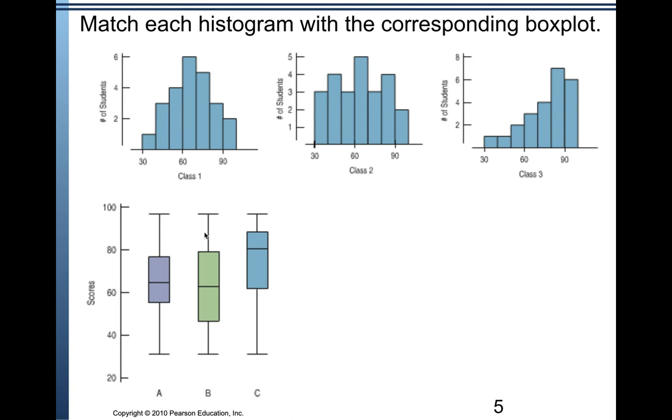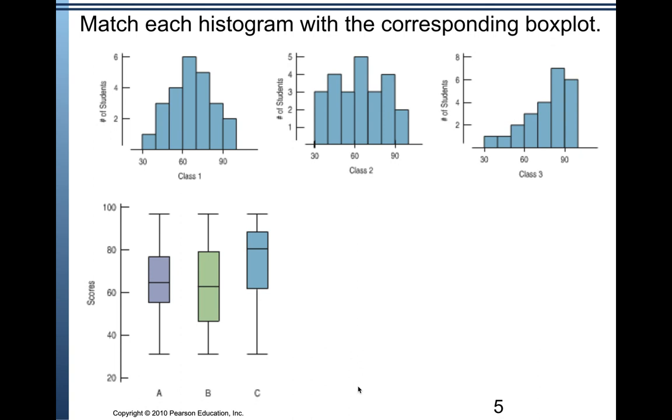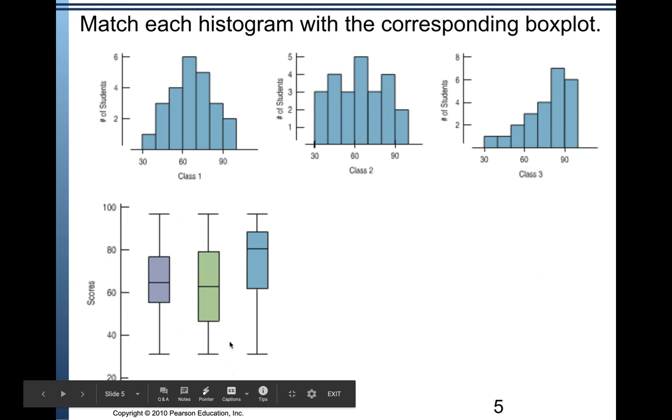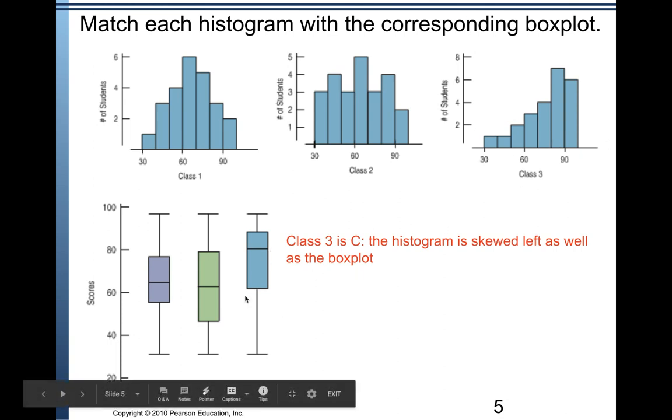In this case, the one that has the leftmost, or vertical would be bottommost whisker, that is the longest, is class C. Notice the other 2 whiskers are roughly the same length. In this case, the low end whisker, which would be the leftmost whisker, is longer. So class 3, this third histogram, will match with box plot C.